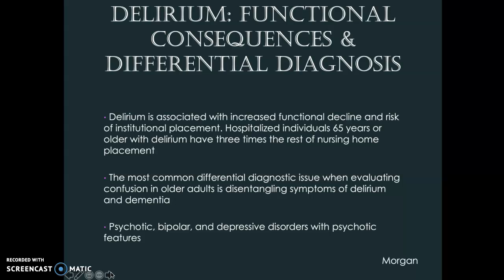The clinician really has to determine whether the individual has delirium or a delirium superimposed on a pre-existing neurocognitive disorder like Alzheimer's and so on. Also, hallucinations and delusions that resemble delirium must be distinguished from psychotic, bipolar, and depressive disorders with psychotic features. So you have to be really careful when diagnosing.